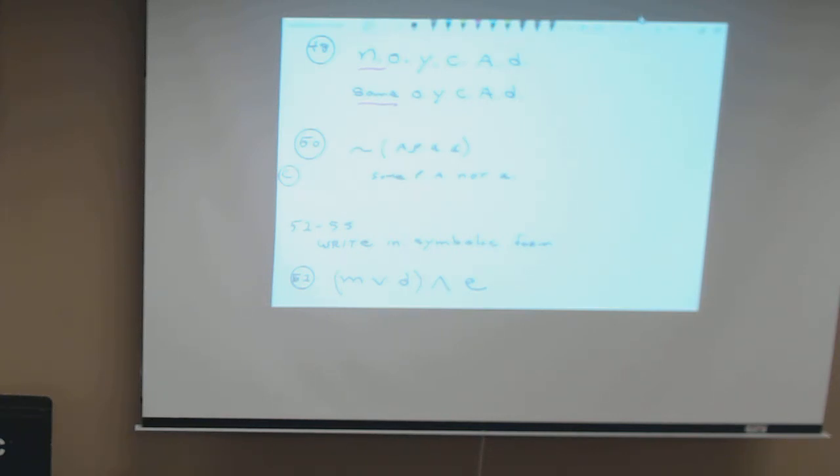Number 50. Not all people are awkward. All people are awkward. It's not the case. How would I negate all people are awkward? Some people are not awkward. And what are they asking?